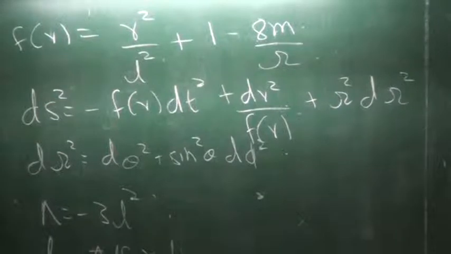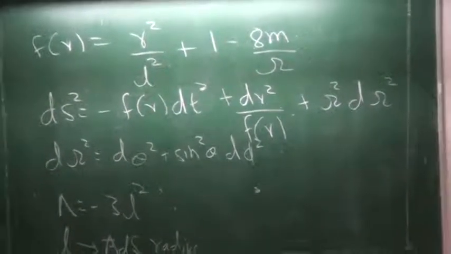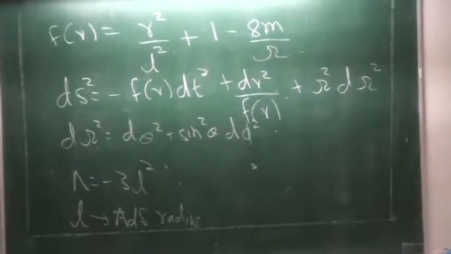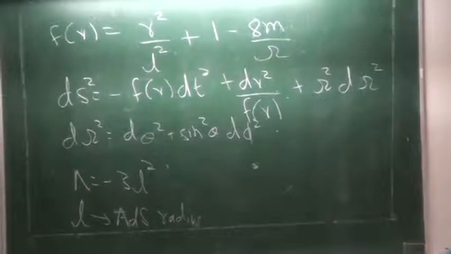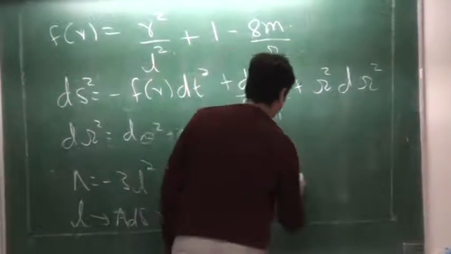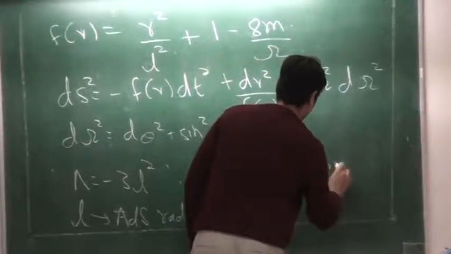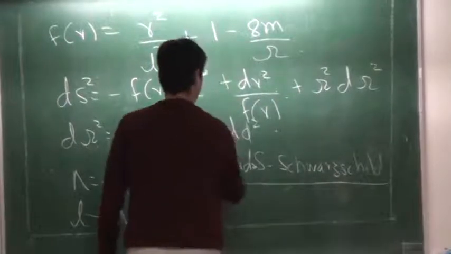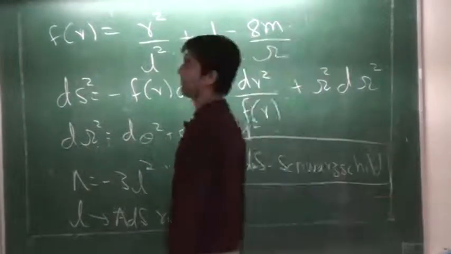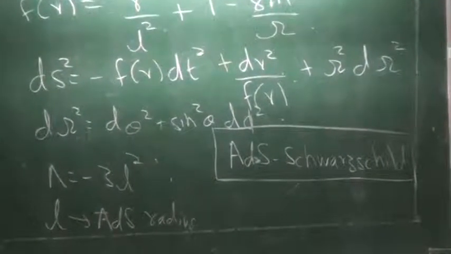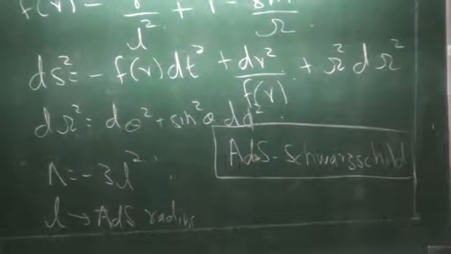So I claim this is a solution of Einstein's equations with this value of lambda. I'm just stating that this is the solution, and this is called the AdS Schwarzschild solution. If you change the asymptotics of space-time, you get new kinds of solutions which look like this.